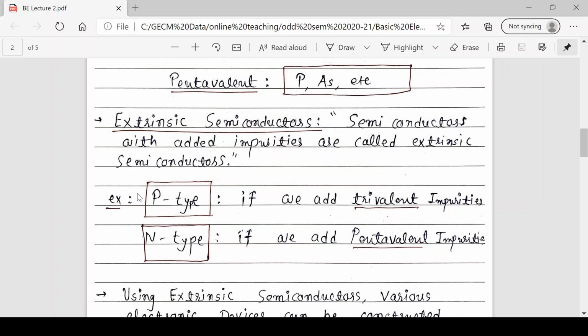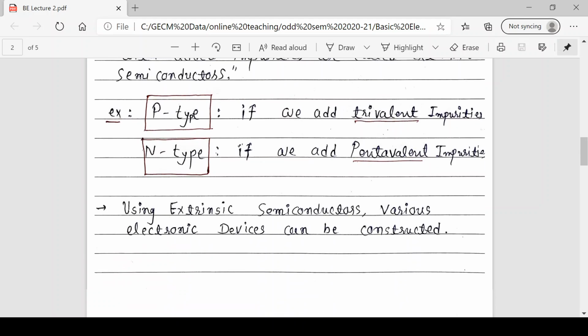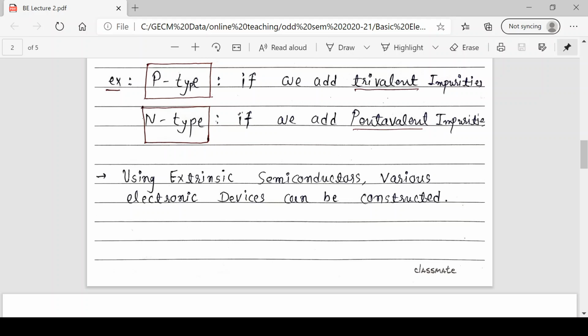So these are the two main extrinsic semiconductors, p-type and N-type semiconductors. How they are generated we have discussed. Now using these two, you can form various semiconducting devices. Using extrinsic semiconductors, various electronic devices can be constructed.